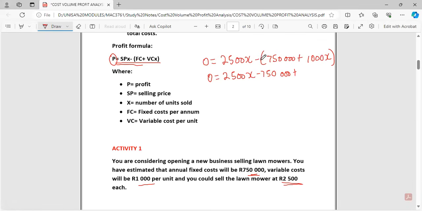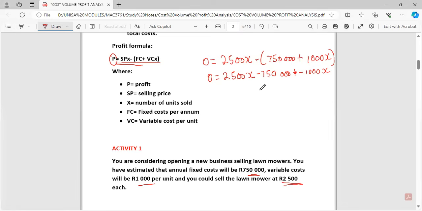This is going to be minus. This minus times this plus is going to be minus here. So here it's going to be minus 1,000 X, because we multiply this by this, so it's going to be a minus there, right?